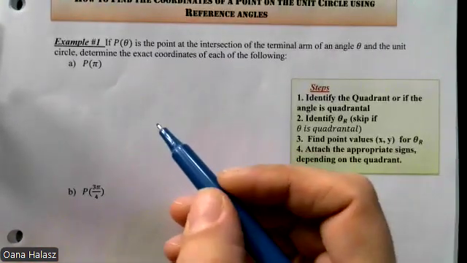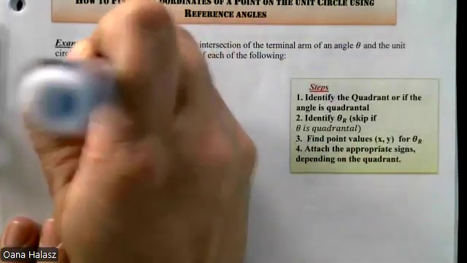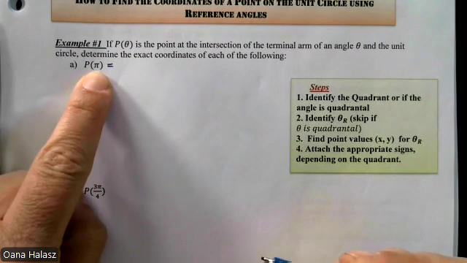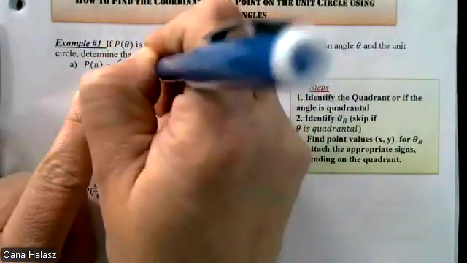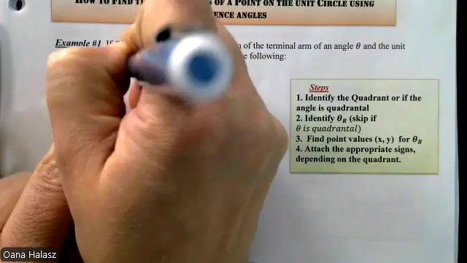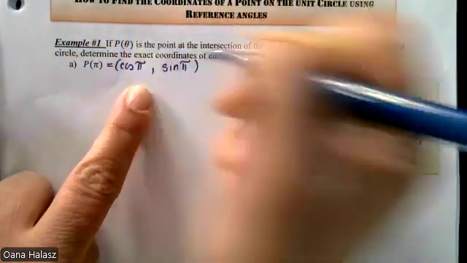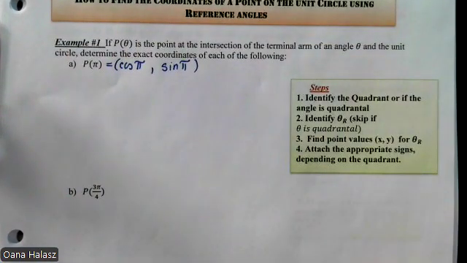To find the coordinates of the point at the angle pi, what you need is the cosine value of pi and the sine value of pi, right? Because if you know those values, you have the exact location in the Cartesian plane.